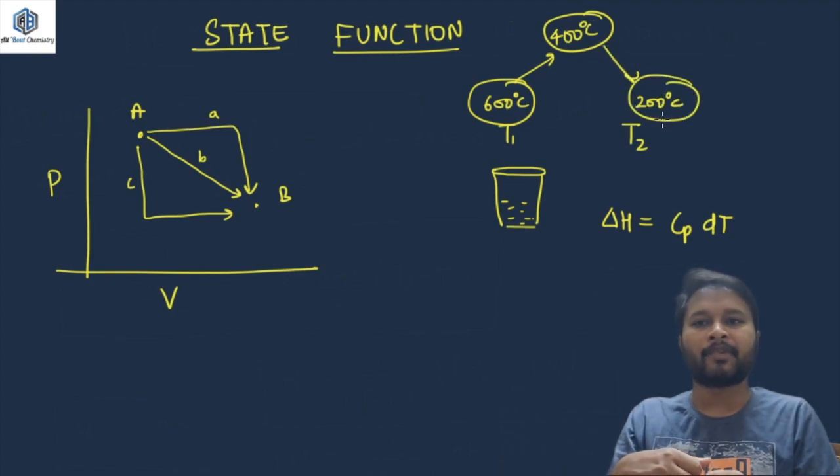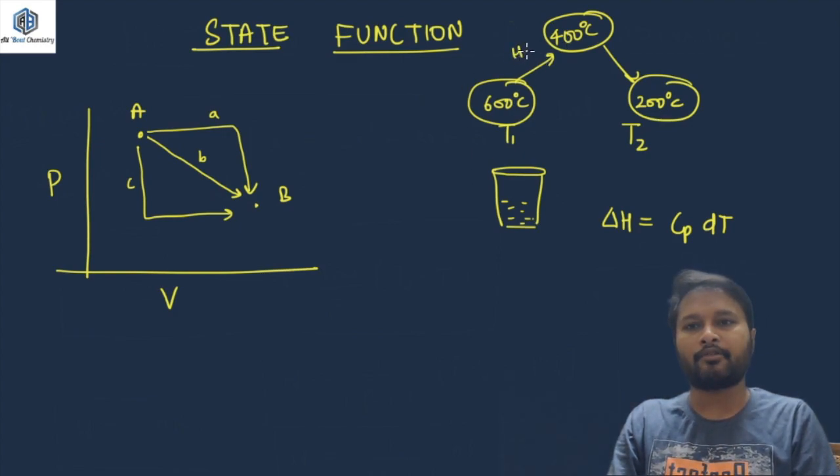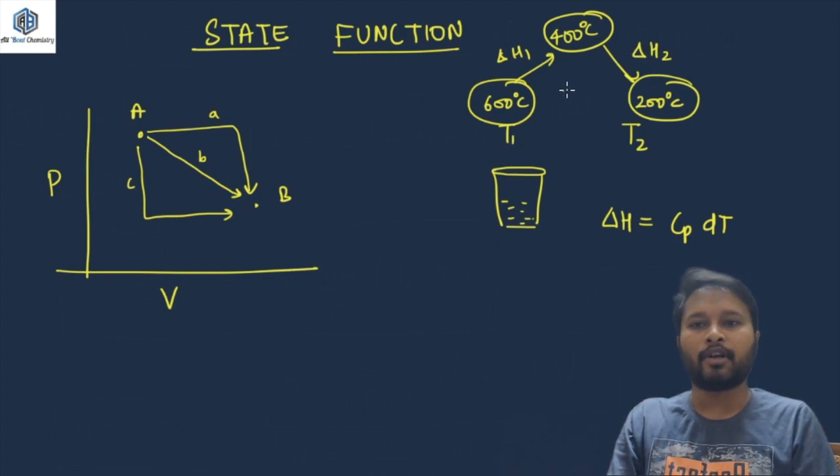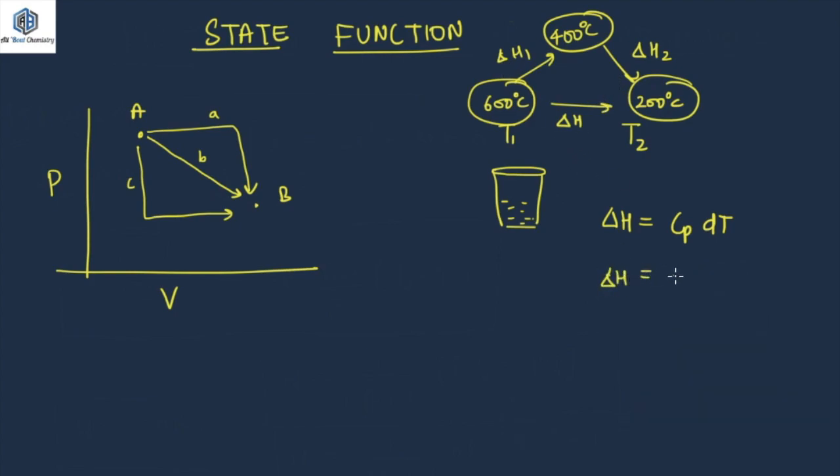In that case, from 600 to 400 you calculate delta H1 by the same formula, putting T1 as 600 and T2 as 400. Again from 400 to 200 you calculate delta H2. So delta H can be equal to delta H1 plus delta H2.